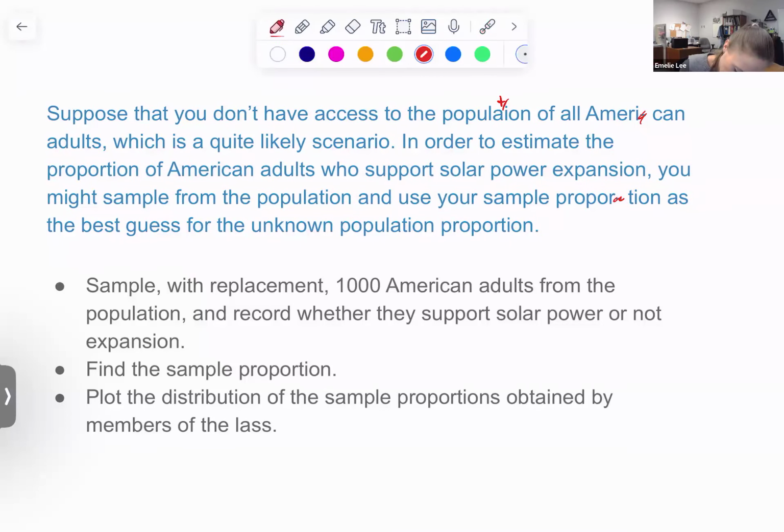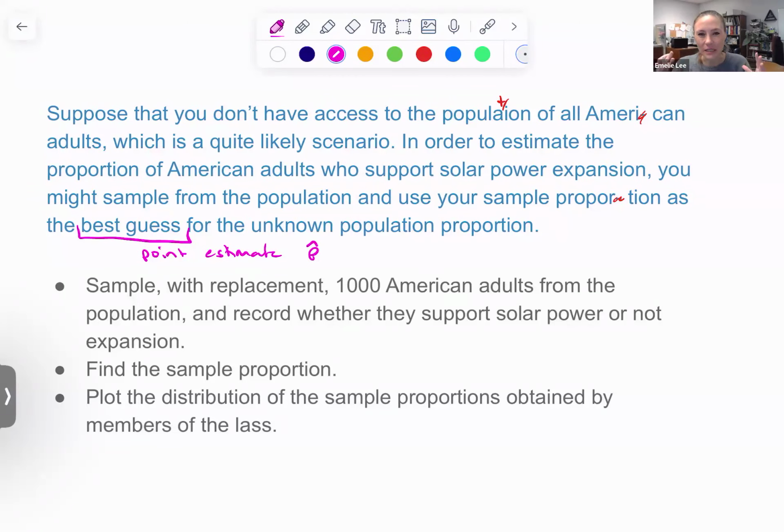And so what you would have here is your point estimate, p hat. So we take a sample and we find the sample proportion, and that's our best guess.